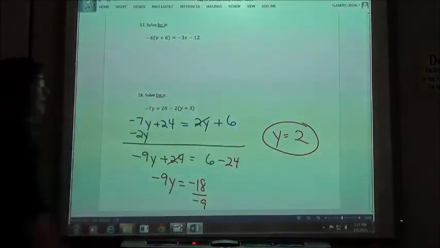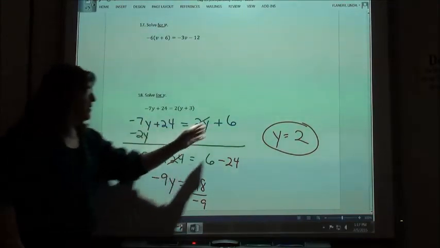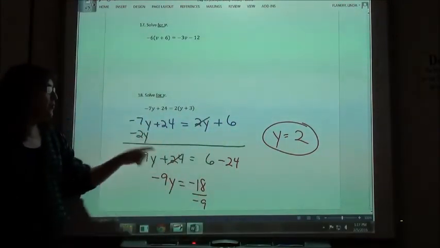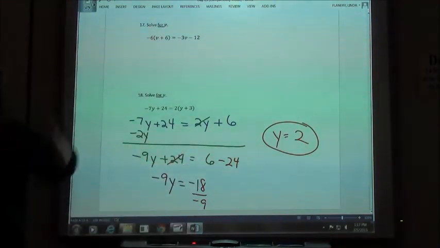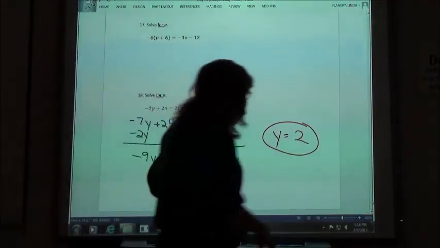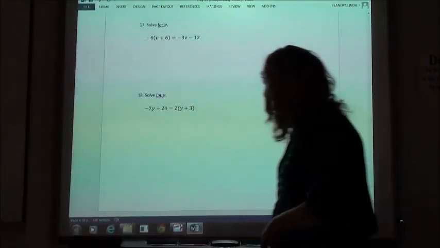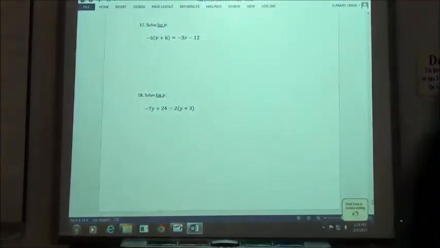Negative divided by a negative makes that a positive 2. So, I usually move both things at one time, but if you're not comfortable doing that, just move one, and then you've got that two-step equation like we did on those previous ones. All right, so that should be the next 6 things on your pie chart. See, they start getting longer.